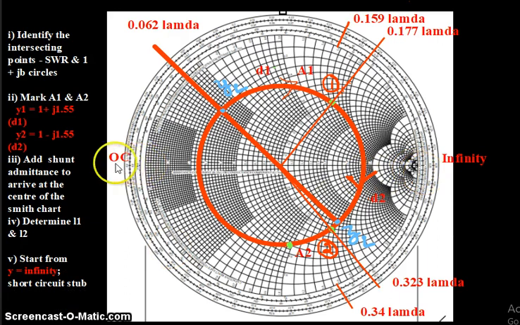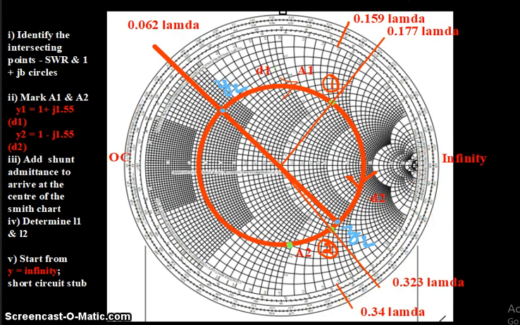So the leftmost point gives open circuit, the rightmost point, that is the infinity point, gives short circuit. So here we are going to start at the infinity point. From this point to 0.34, that will give our stub length L1.